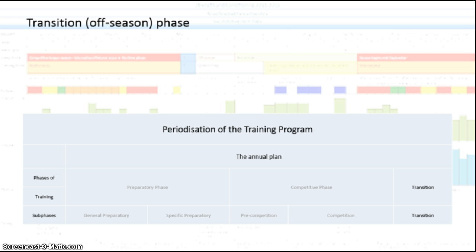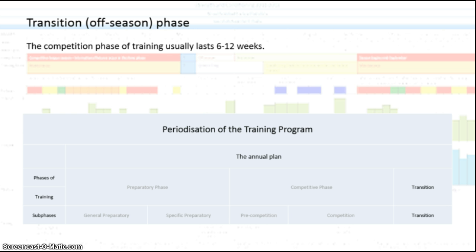The transition or off-season phase. The transition phase is designed to provide the athlete with both a physiological and psychological respite from the rigors of competition training. This phase will usually last 6 to 12 weeks. This phase should begin with a short period of active rest and little formal training.